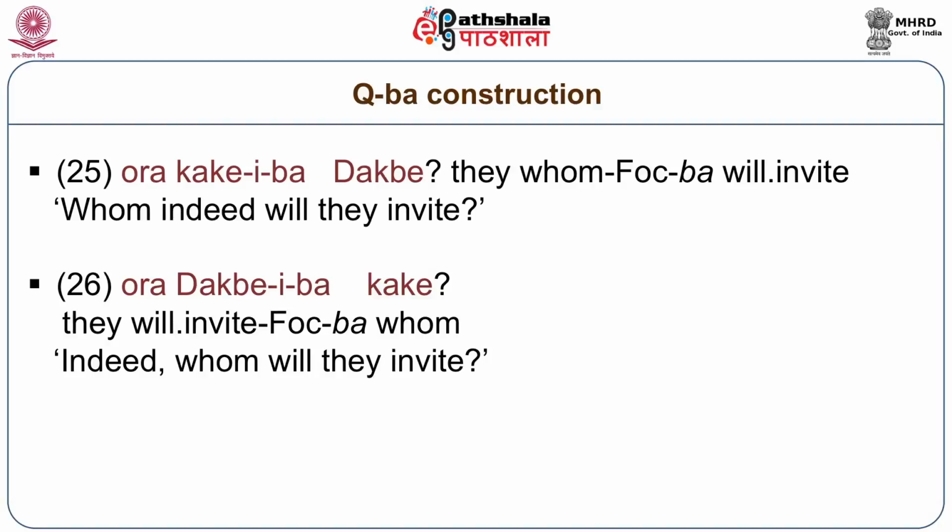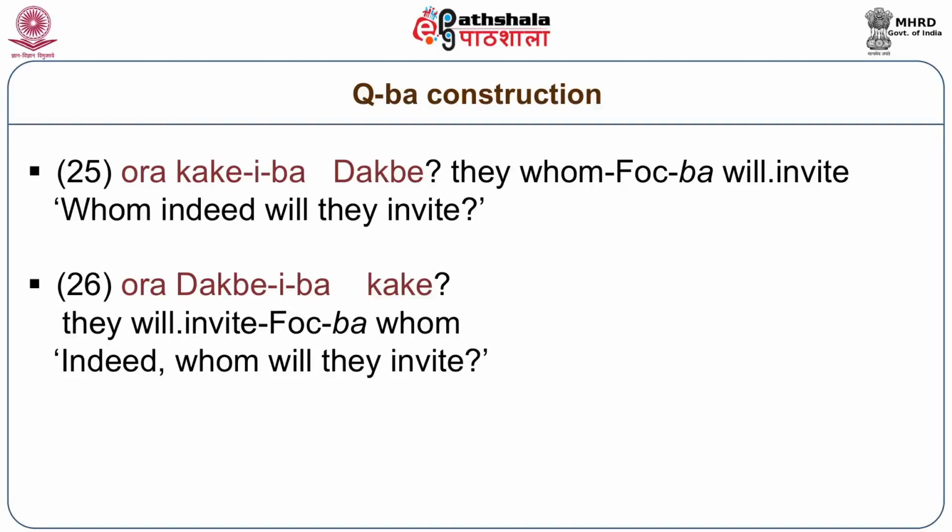Certain phenomena in Bangla have been called Q-bar phenomena because they involve interaction between Q, question words, and ba, a particular particle. You get the construction in two variants, where the Q appears on the left of the ba or where the Q appears on the right.